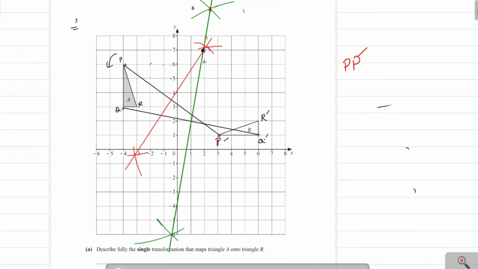And you see here this is the point (2, 7), and we find the angle of rotation by joining P to this center of rotation.